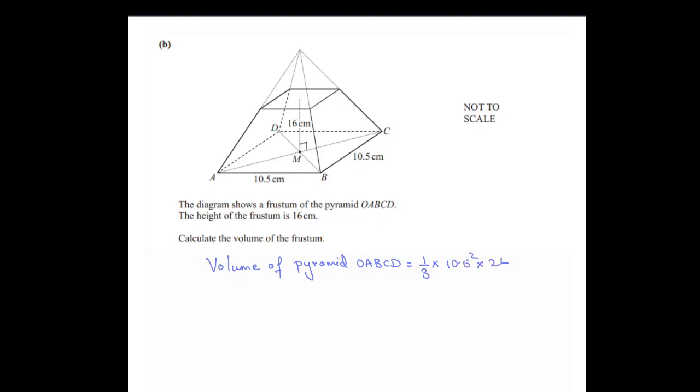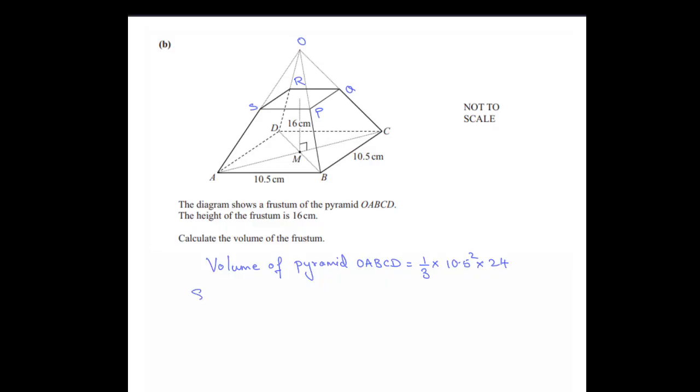Height is 24. This is the volume of the pyramid OABCD. Then for the volume of the smaller pyramid, let us take PQRS, with O at the top. For its volume, we need to know the sides of the base.